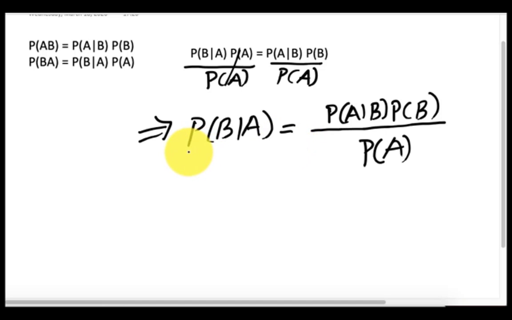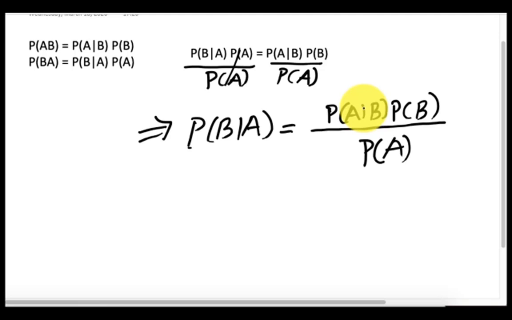You can see that on the left-hand side, we get the conditional probability of B given A, while on the right-hand side, we get the conditional probability of A given B. So whenever you want to switch the two events in a conditional probability, you should think of the Bayes formula.